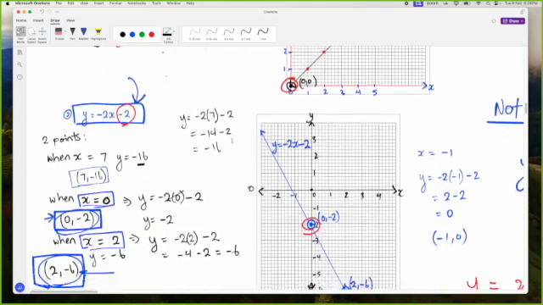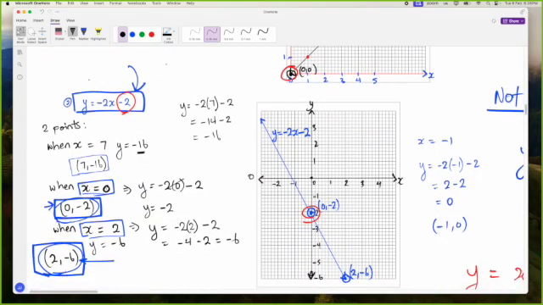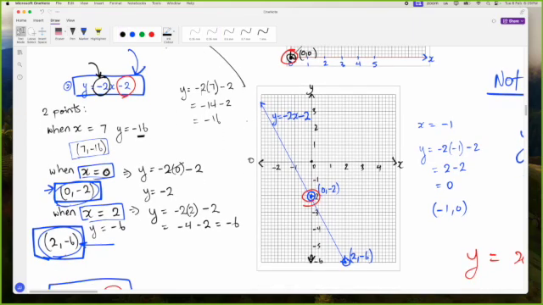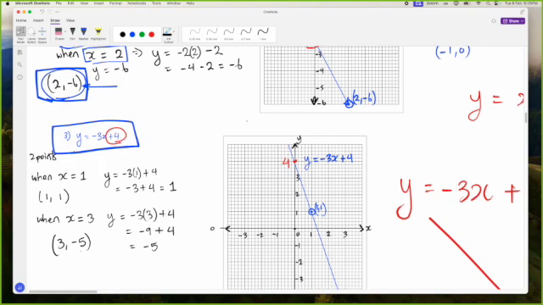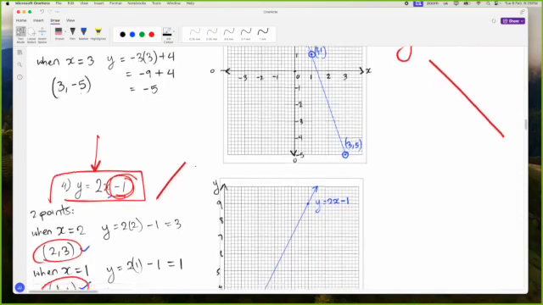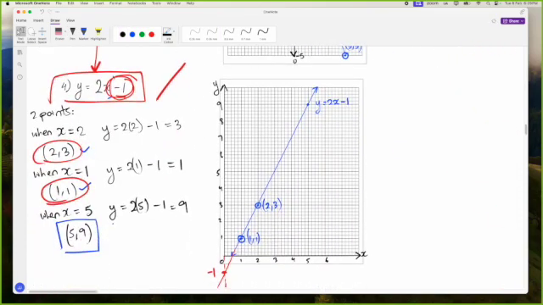In this case, m is negative 2, so the line is sloping like this. In this case again, m is -3, so the line is sloping this way. Here, 2 is positive, so the line slopes this way.